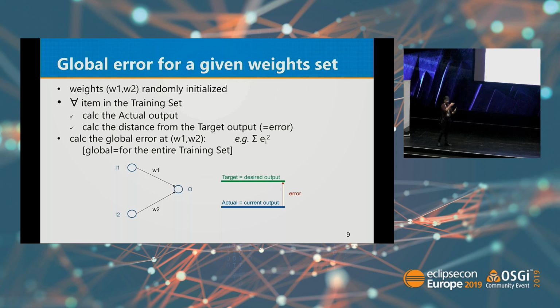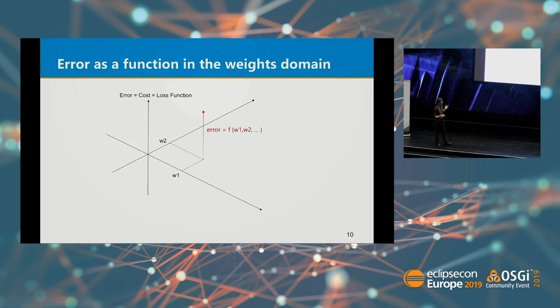And if we go through the whole training set, we can calculate a global error, which is associated with the set of weights where we started from. So in the end, we can see the error as a function in the weights domain.